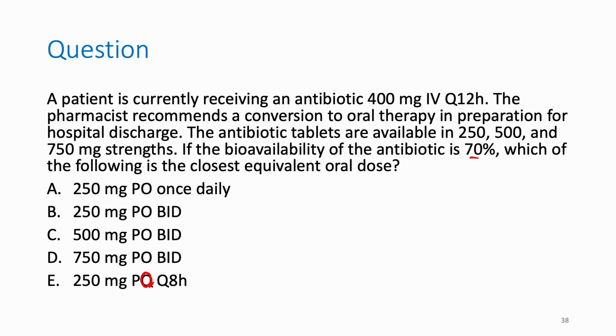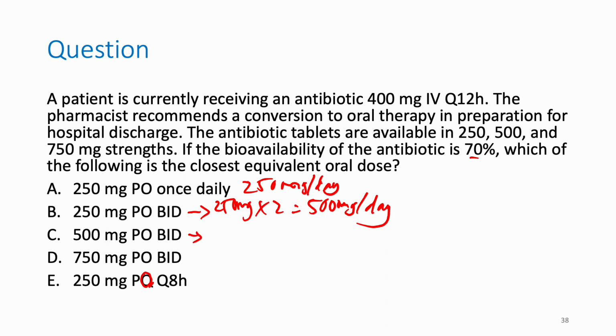So this one, 250 milligram oral once daily, means it's just 250 milligram a day. 250 milligram oral 2 times, BID, means 2 times a dose, so daily it will be 250 milligram times 2 equal to 500 milligram per day.